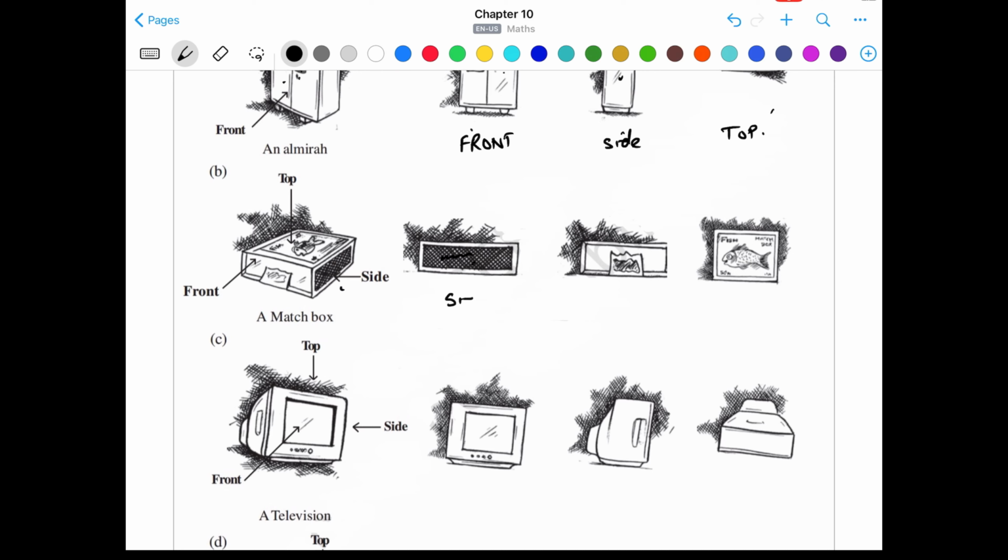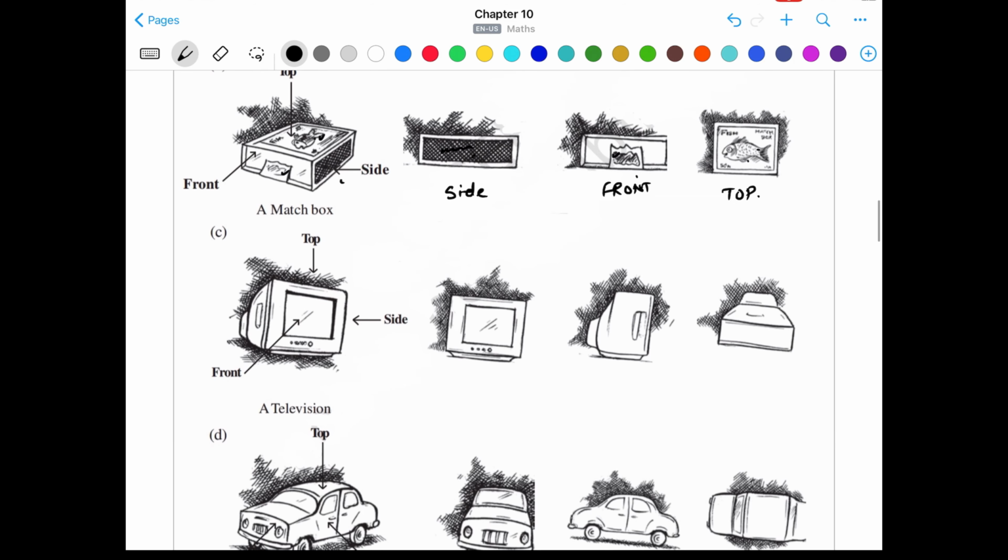So right here, side view. Next is this one. Again this part looks similar to this one, so that means it's the front view. And the last one, we can see the fish here, so that fish is also here, so that means it's the top view.